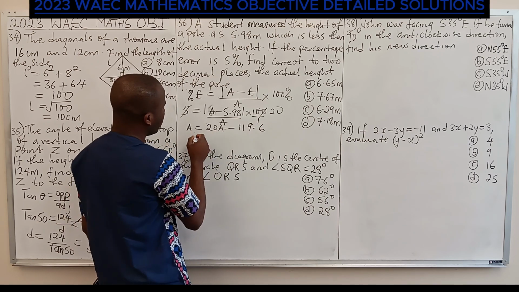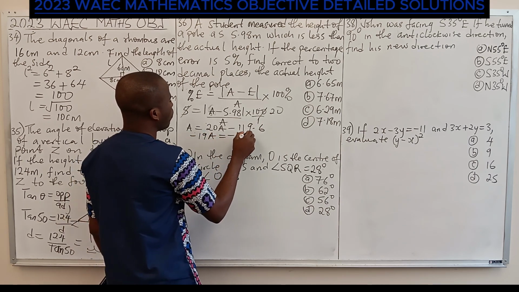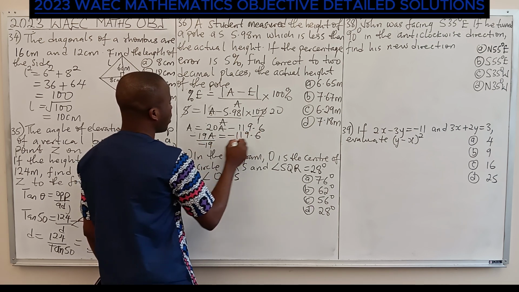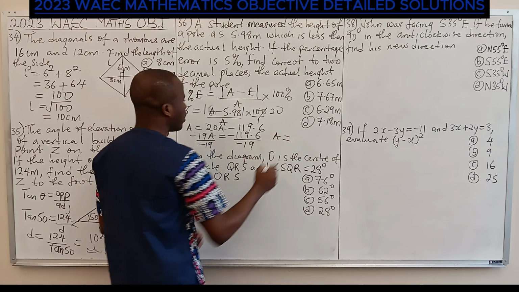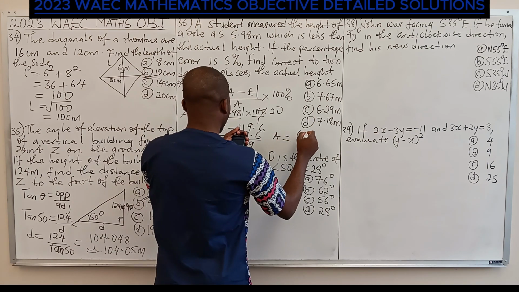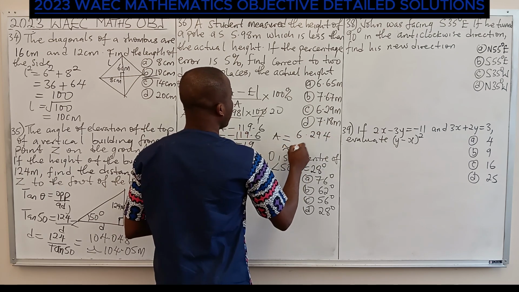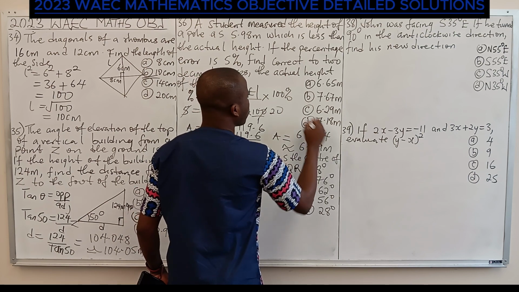A minus 20A is minus 19A equals minus 119.6. Divide both sides by minus 19. That will have actual height to be 6.294, which is approximately 6.29 meters, which is C.